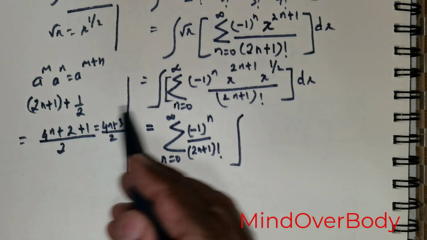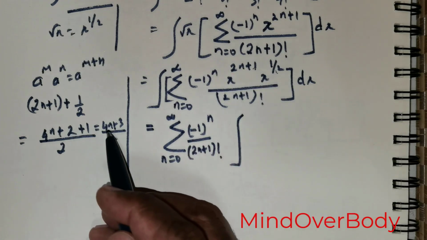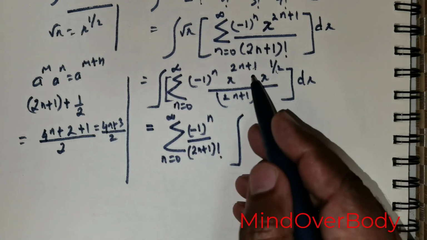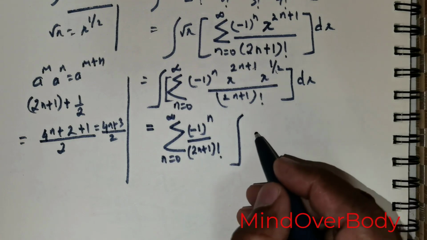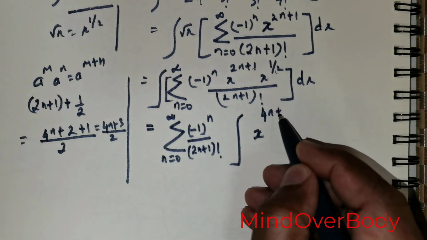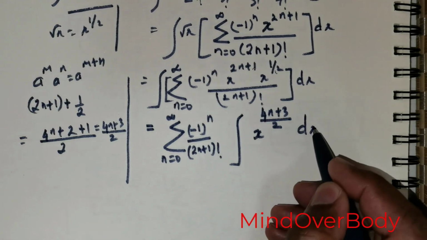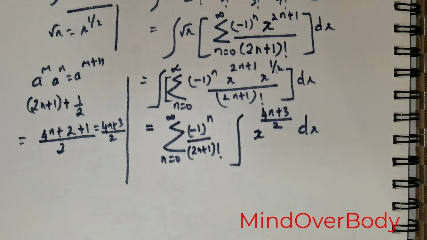I've already shown you what happens when 2n positive 1 is added with 1 over 2. So that's going to be 4n positive 3 over 2, and that has to be placed on the head of x as an index. So this is going to be x to the power 4n positive 3 divided by 2 multiplied with the differential operator, the dx. Now this is a straightforward integration.